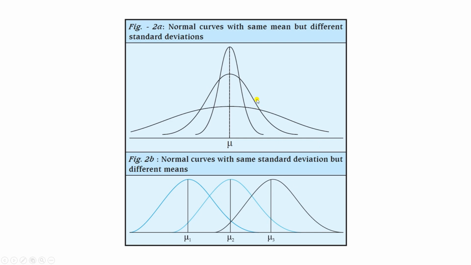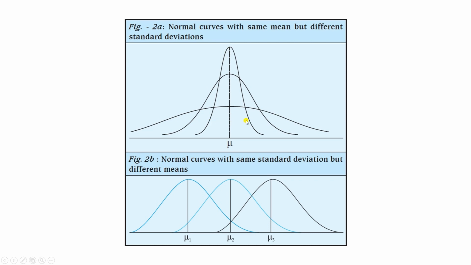Here are a few normal curves, they are all bell shaped. Look at the first one, this is a flat bell shaped curve, this is a normal bell shaped, and this is a peaked bell shaped. They all have the same midline. That means for all these normal curves the mean value is the same, but in common terms we can say their wideness varies.